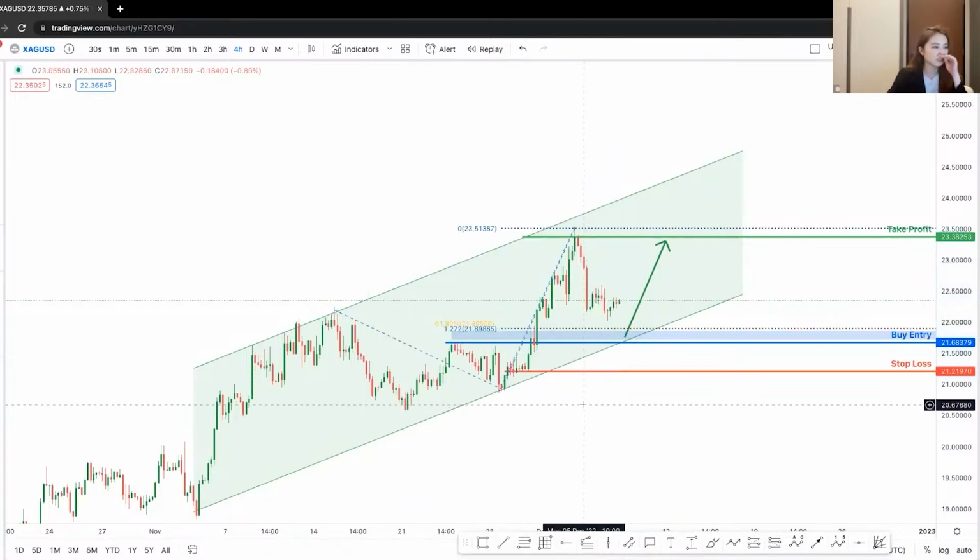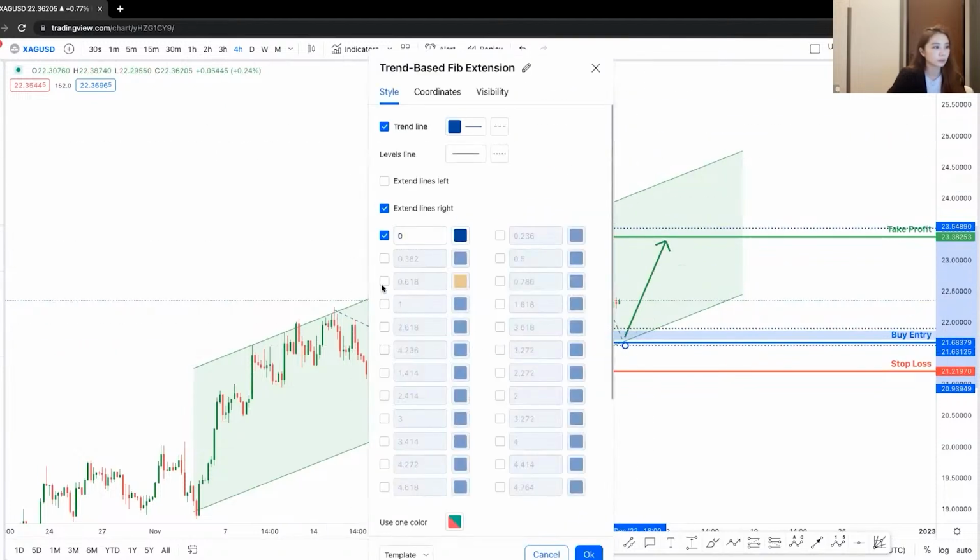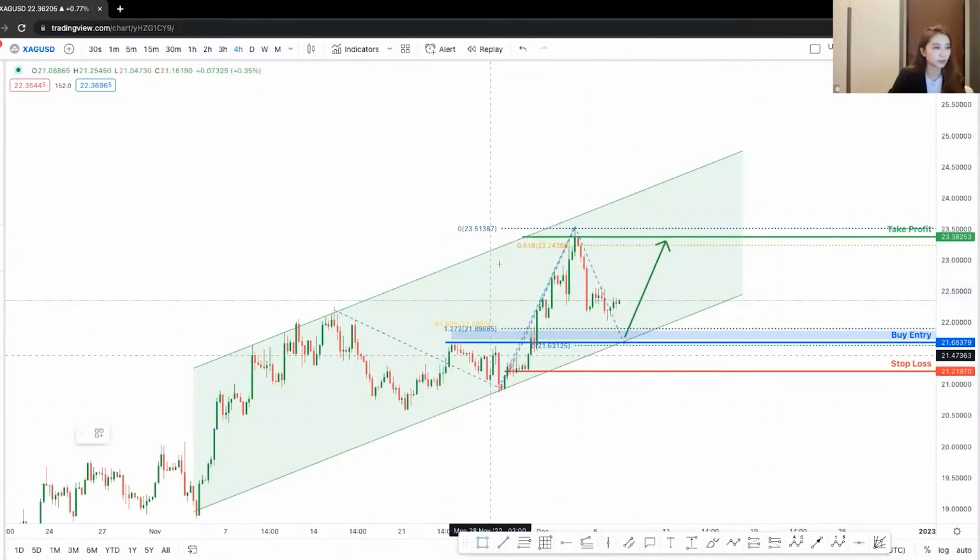Okay, so 127.2 coincides with our retracement. Let's take a look at our potential take profit, looking just nice at the candlewick range.